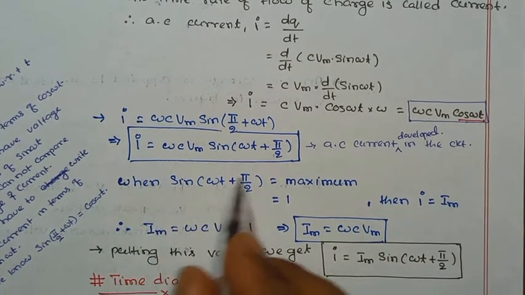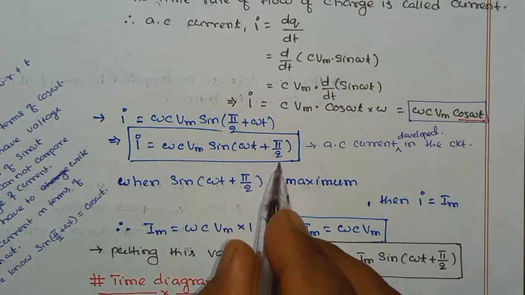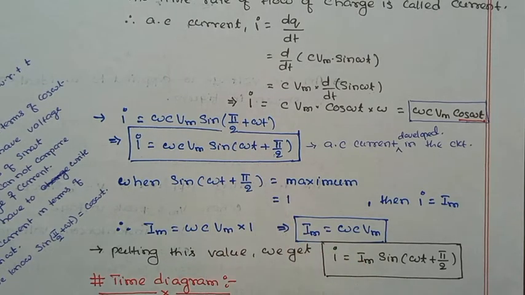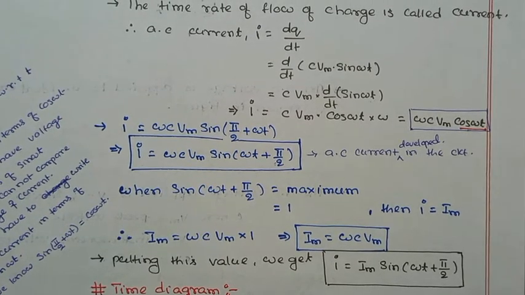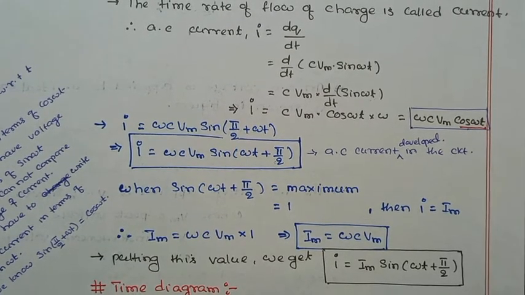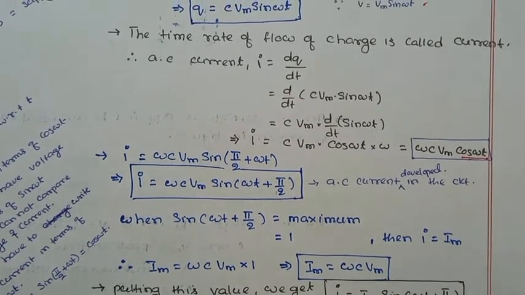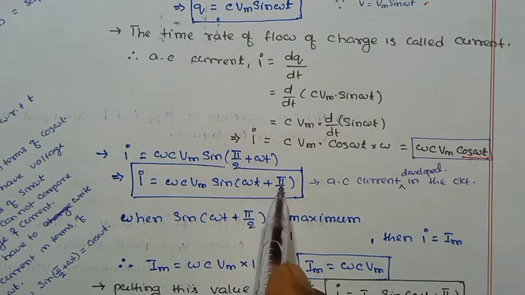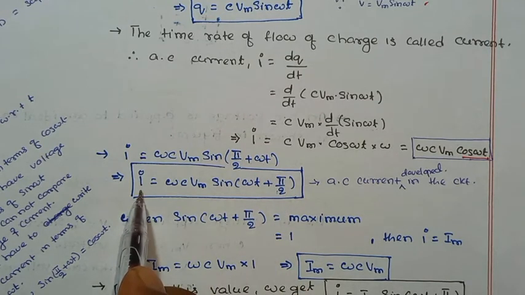This current becomes maximum when sin of omega t plus pi by 2 will be maximum. The maximum value of the sin function is 1. So, when sin of omega t plus pi by 2 is equal to 1, at that time this current becomes maximum.